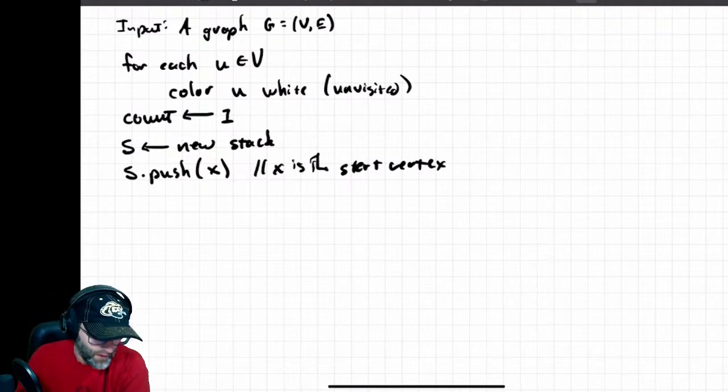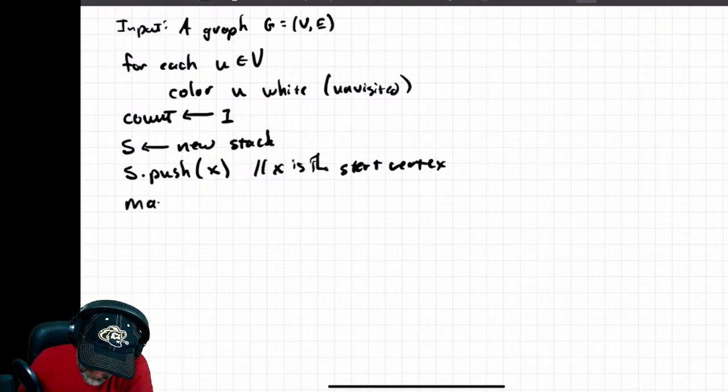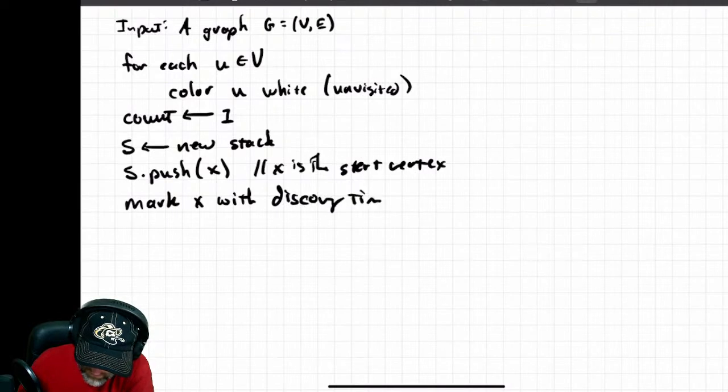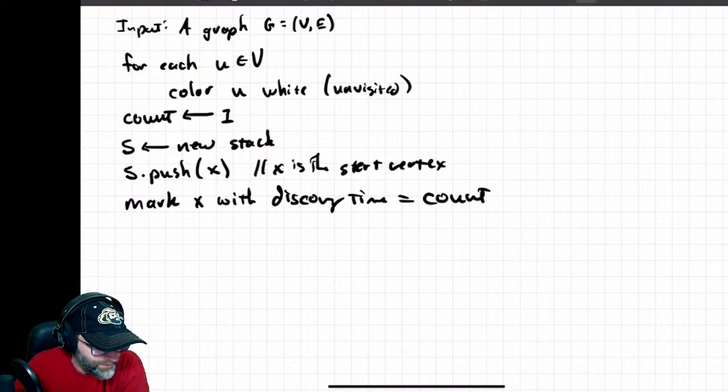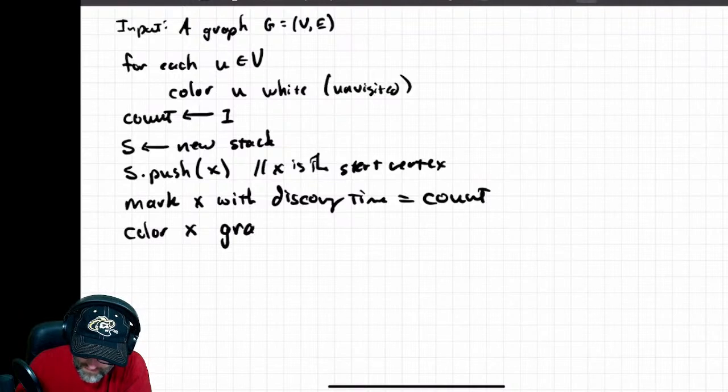Right? I will mark X with discovery time equal to the counter. Right? And then I visited it, so I'm going to color X gray. And then that's it.